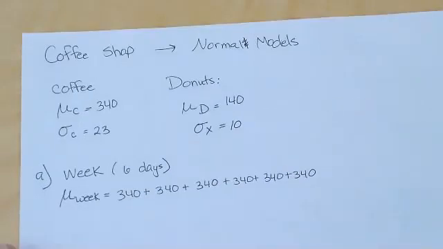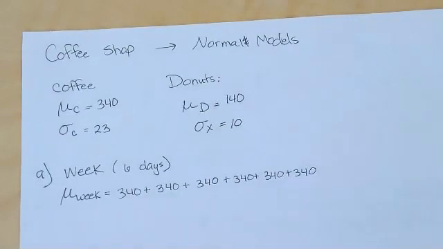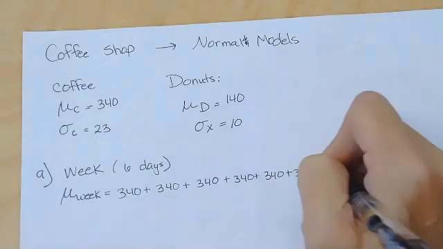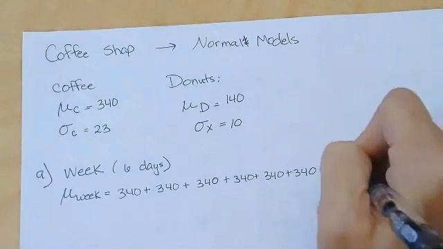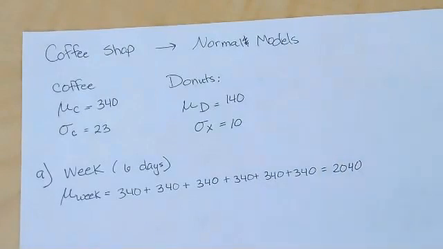So we're basically going to add 340 for all 6 days: 1, 2, 3, 4, 5, 6. Of course, mathematically, you can just do 340 times 6. And I get, for the week, they average 2,040 cups of coffee.